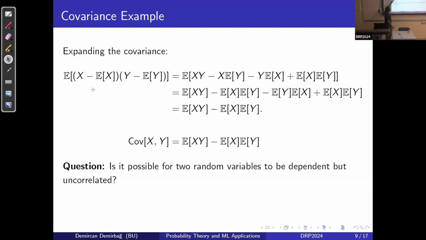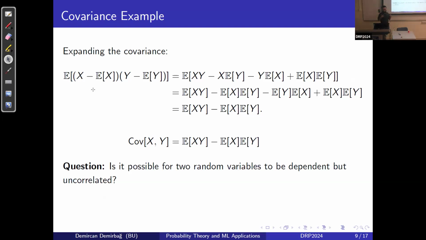And by expanding the definition, multiplying these two brackets and using the linearity of expectation, you end up with a different, equivalent formula for the covariance of x and y.